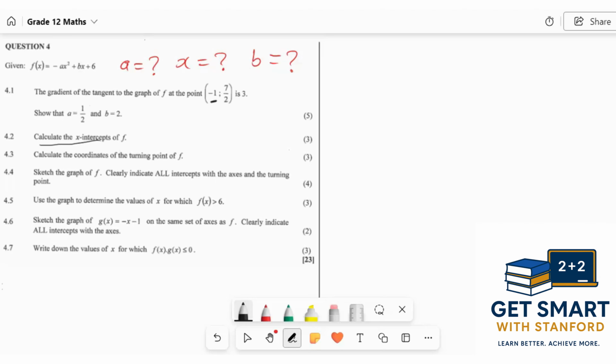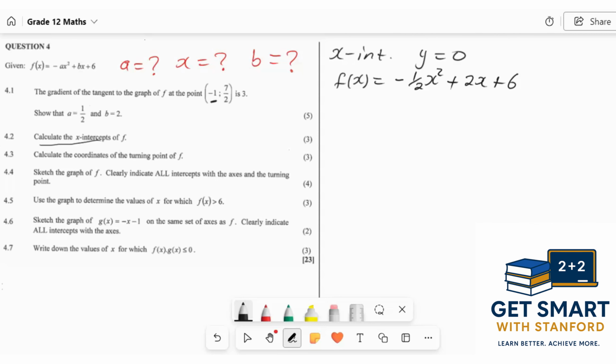So on 4.2, when you're calculating the x-intercepts, we know that y is always equal to 0. So if f of x equals minus half x squared, now we say half x squared because we already know what the values of a and b are, plus 2x plus 6.